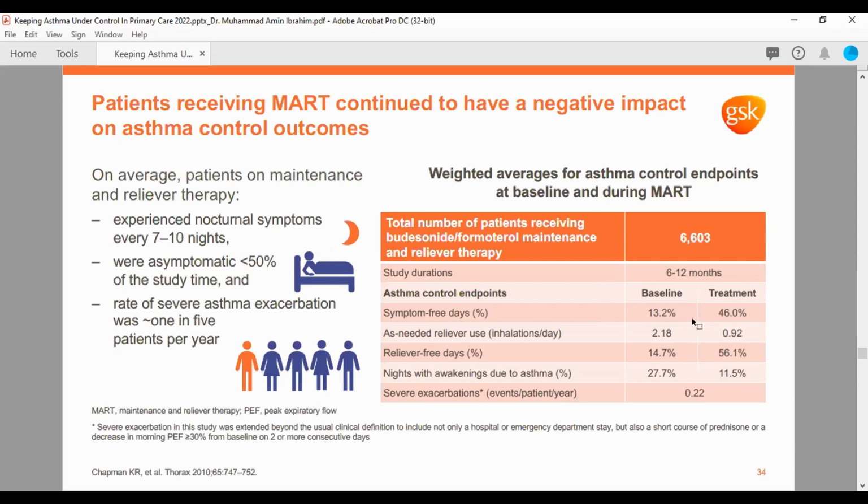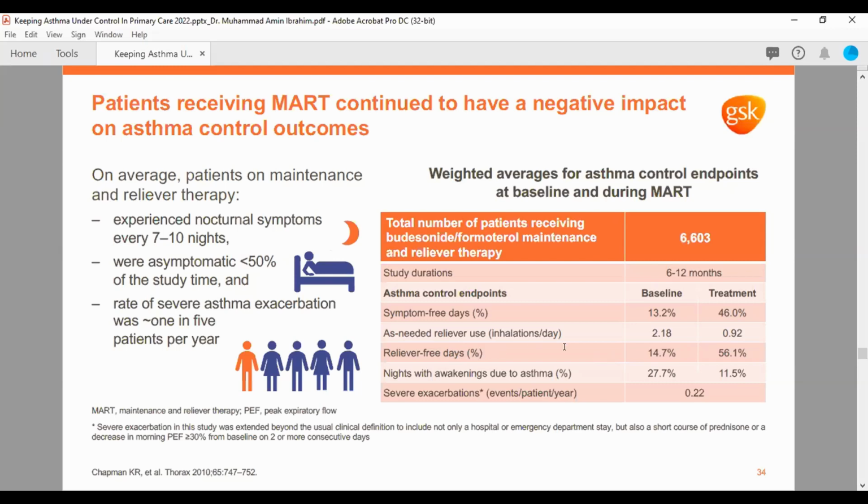So in terms of symptom free, we only achieve about 46% of patients. Still, 56% of patients who use MART therapy have to use reliever daily.